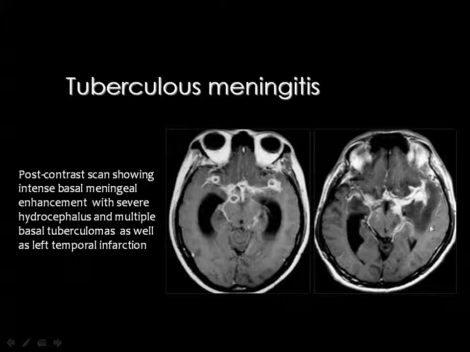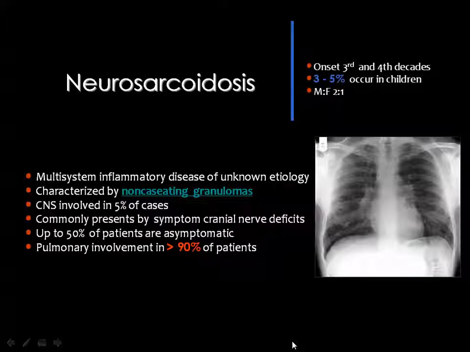And here, this is the cause of this low signal intensity lesion in the temporal lobe, which represents an ischemic area.